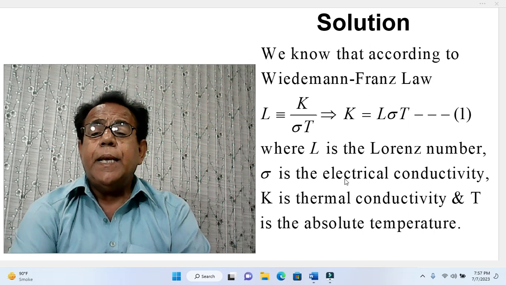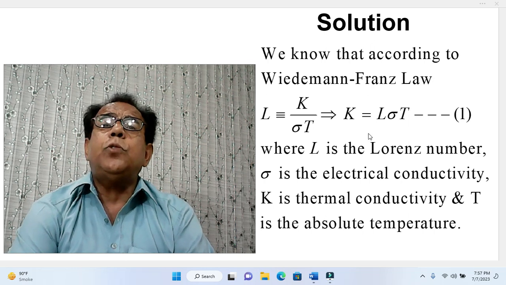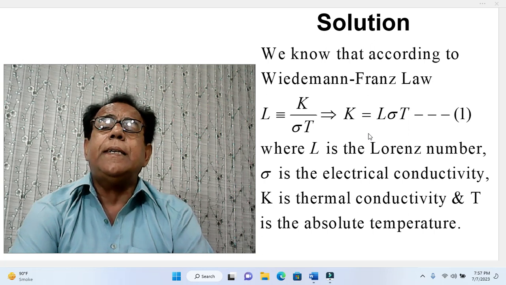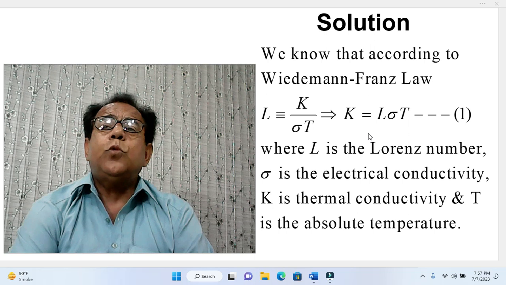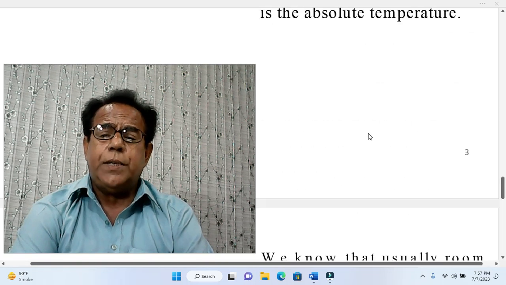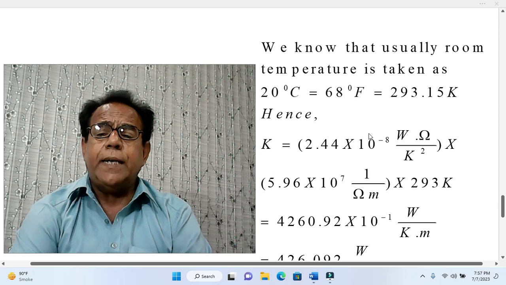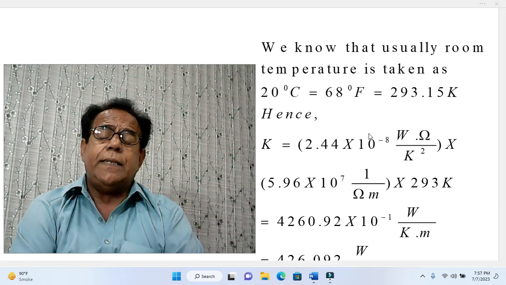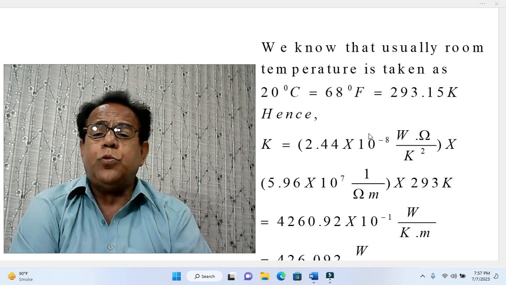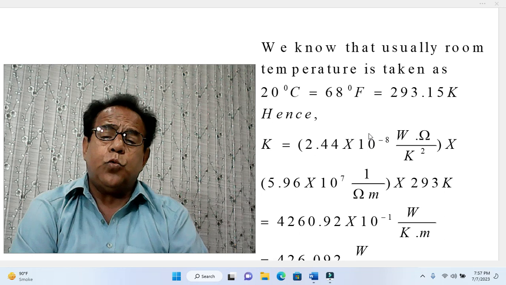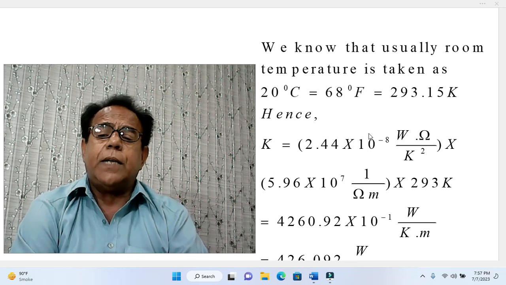Here we are dealing with the absolute temperature at room temperature, which is about 20 degrees centigrade or 293.15 Kelvin. We know that usually room temperature is taken as 20 degrees centigrade, alternatively equal to 68 degrees Fahrenheit, alternatively equal to 293.15 Kelvin.